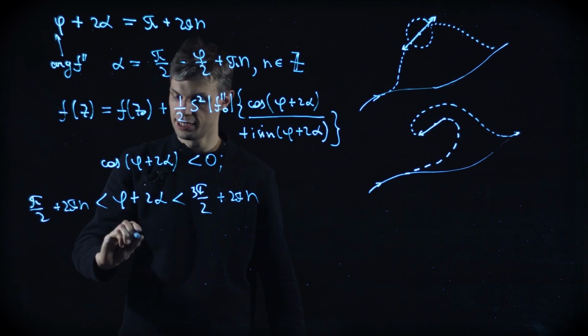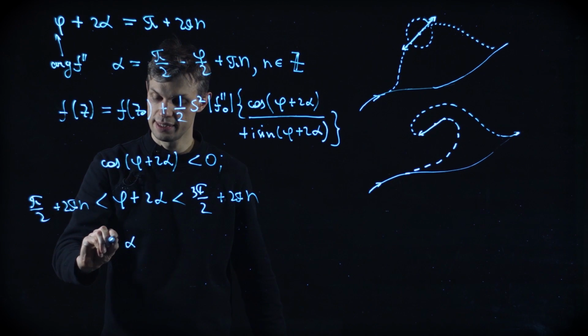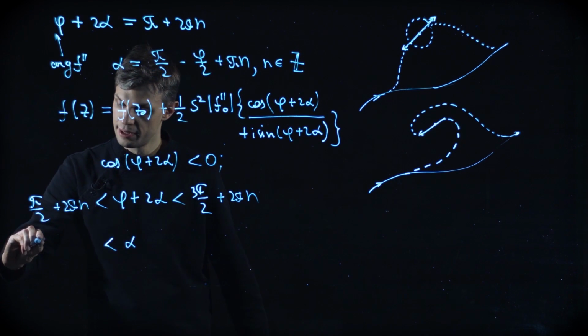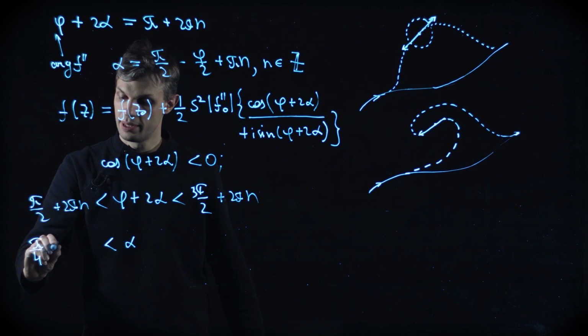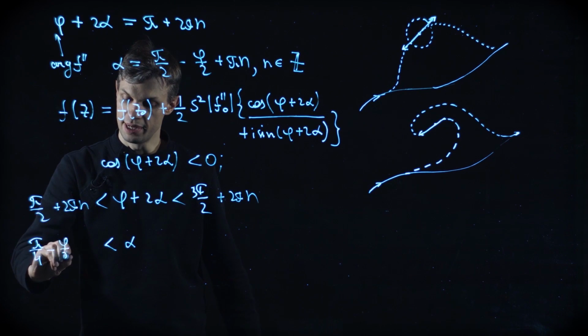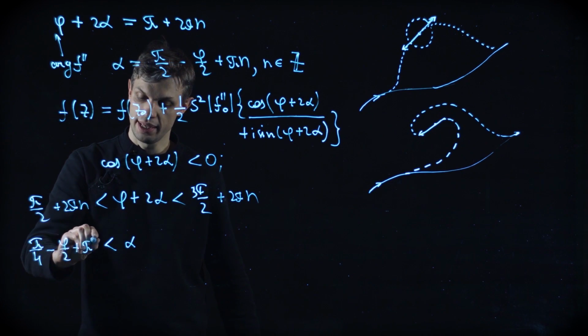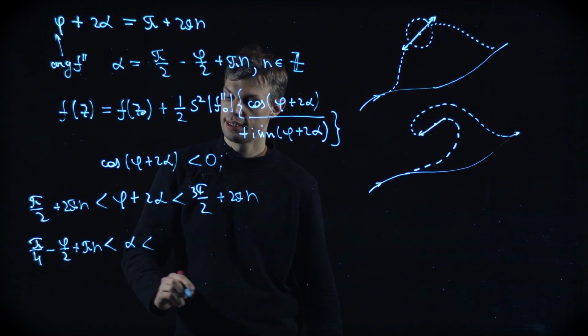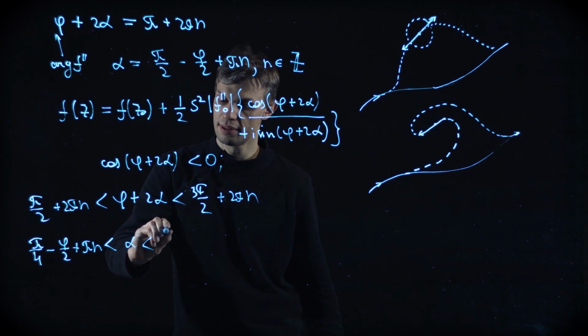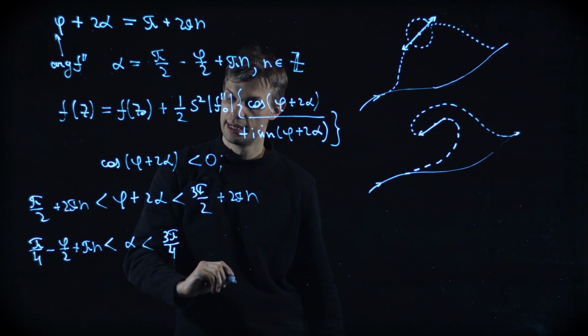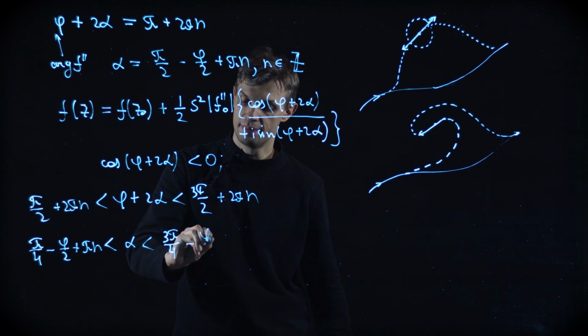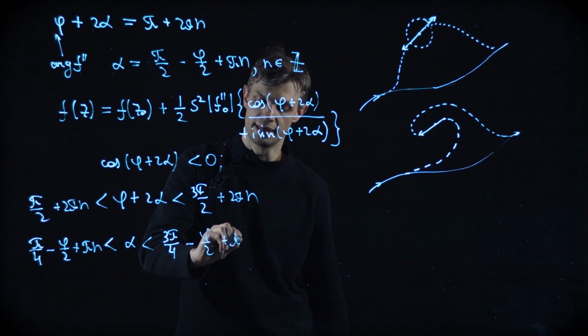So here is the solution, right? Alpha is greater than pi by 4 minus phi by 2 plus pi n, and smaller than 3 pi by 4 minus phi by 2 plus pi n.